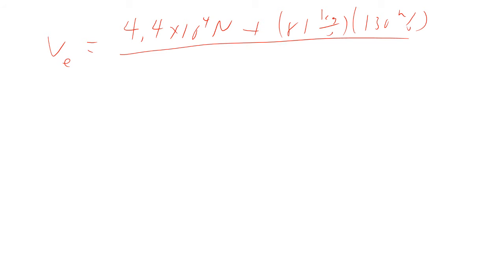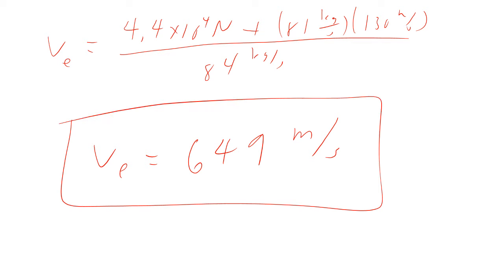That means the exhaust velocity is going to be equal to 4.4 times 10 to the 4 newtons plus 81 kilograms per second times 130 meters per second, divided by 84 kilograms per second. So the exhaust velocity is 649 meters per second.